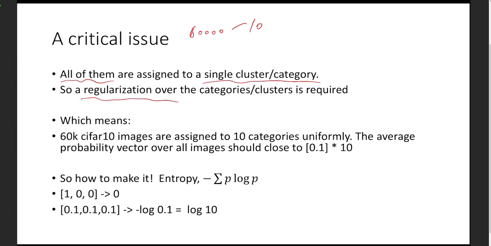So it requires a regularization, which means we need to make those images assigned to different categories with a uniform distribution. Each image will have a probability vector like 0.1, 0.2, 0.7.